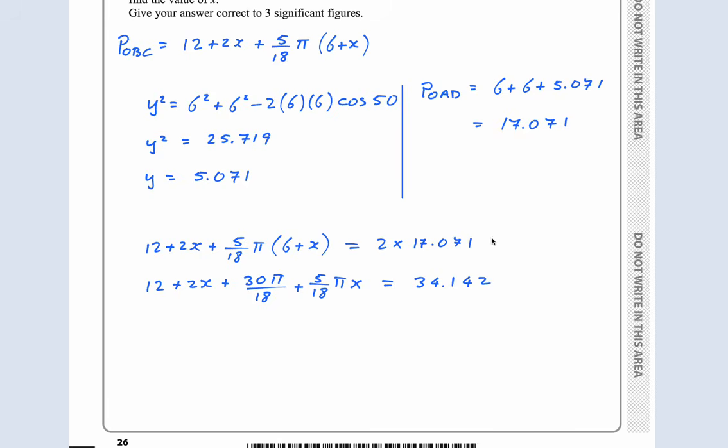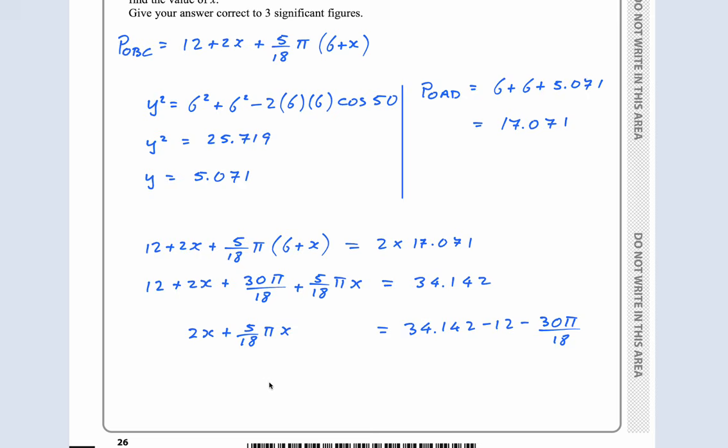Obviously, use a calculator. Now the x terms are 2x plus 5 over 18 pi x, and that equals 34.142. I'm going to subtract the 12 and subtract 30 pi over 18.